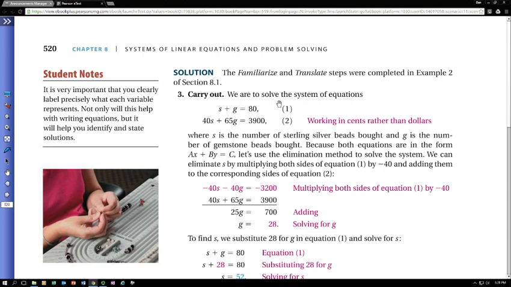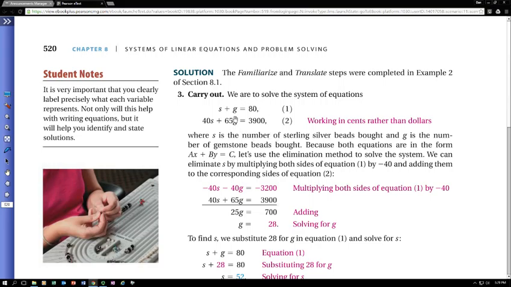So S is the sterling silver bead, so I would reread that and say, hey, I got these total beads, some are sterling silver S, and some are gemstone G. So I have these S and G things that need to add up to 80. There's your equation. The other one is a little more complicated to do.